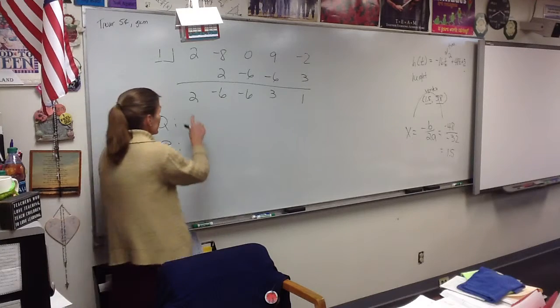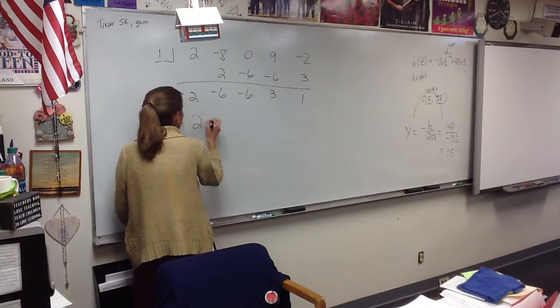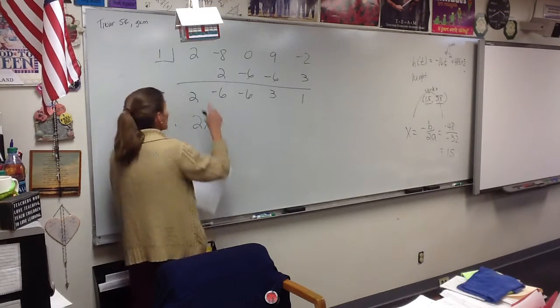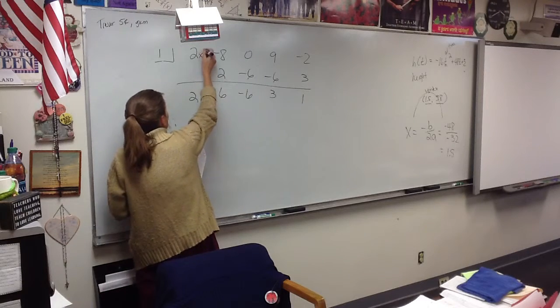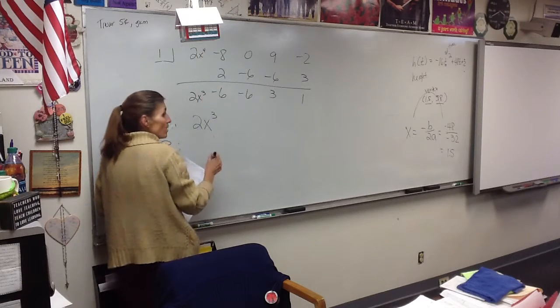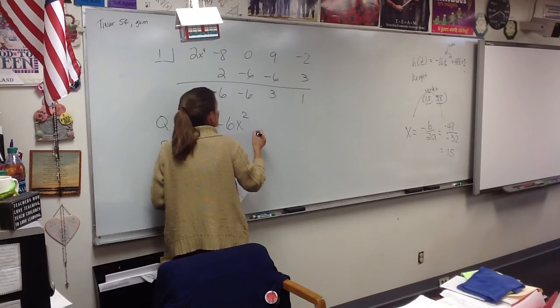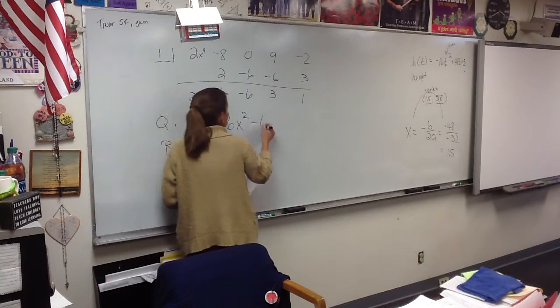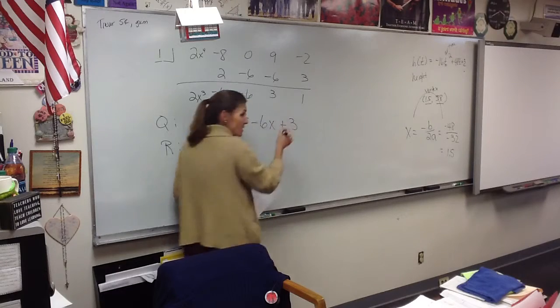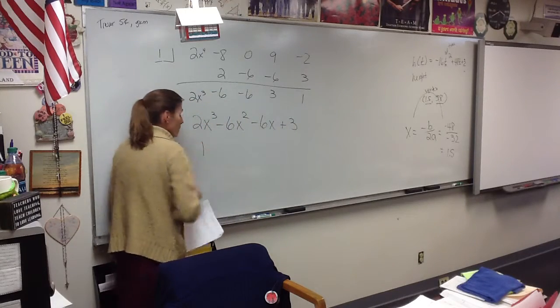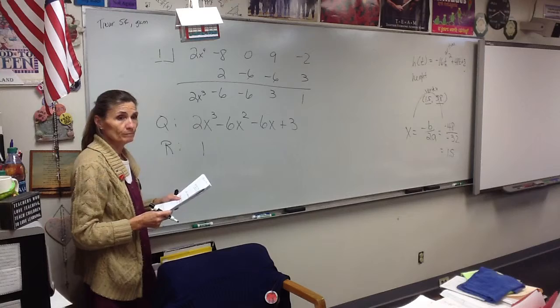What's my quotient? 2x to the third. Remember, the original was to the fourth, so we reduce it by 1. So it's 2x cubed minus 6x squared minus 6x plus 3. And then for the remainder, you can just put 1.